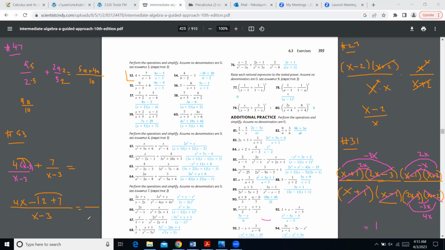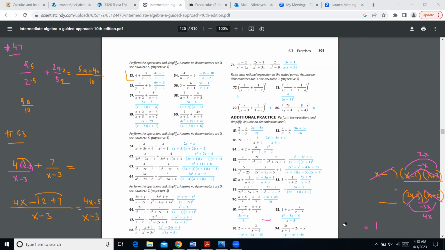So as a result, I get x minus 3 on the bottom and 4x minus 5 as my top part. So that's it. We added those two fractions. All we cared about is to put those numerators together. So you produce the same denominator and then add your fractions.